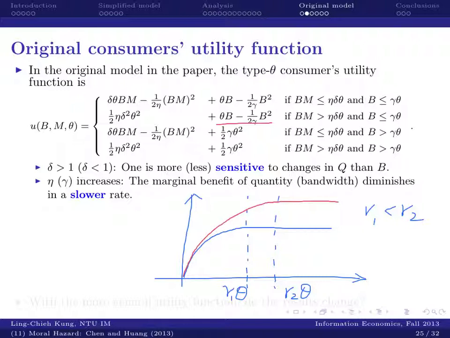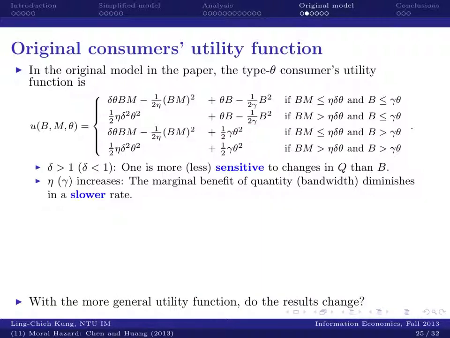What does that mean? That means, for example, if gamma is a very large number, you really prefer high quantity. You really prefer high bandwidth. Okay, gamma is adjusting the absolute sensitivity for B. Eta is adjusting the absolute sensitivity of Q, and delta is adjusting the relative sensitivity.